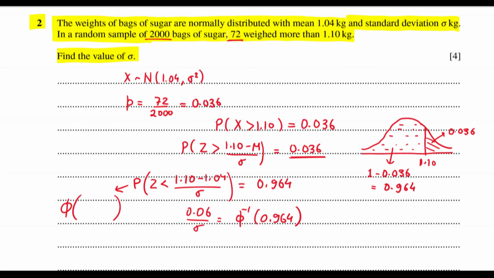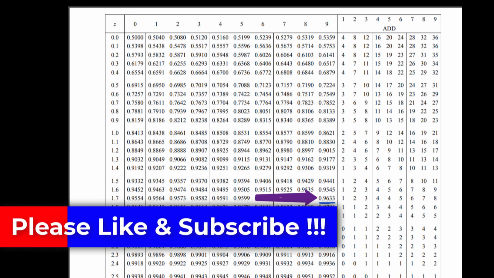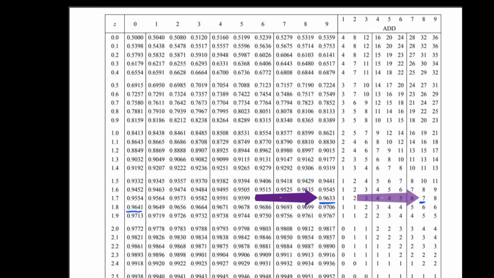And now we will see from the normal distribution table what z value this gives, so that we can calculate our sigma. 0.9633 and 0.9641 is here. Before that, 0.9633, if we include 7 into it, then we will get 0.964 exactly. So our value of z is 1.73 from here, 9 from here, and 8 from here.